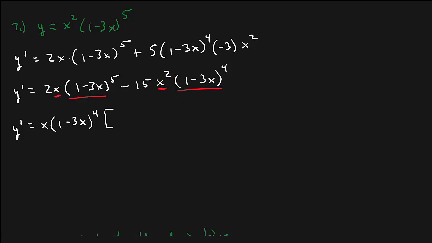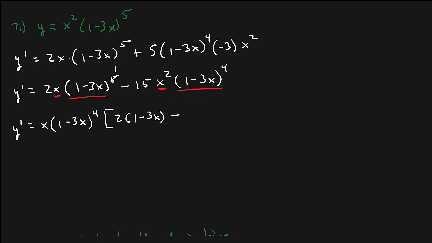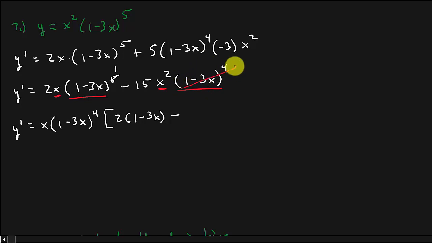And so that is going to leave me with 2 times 1 minus 3x. That's what I'm left with this one. See, I factor out a 4th power, so I'm left with the 1st power there. And then minus, so here we're factoring out a 1 minus 3x to the 4th, so this one's gone, and this one changes to the 1st power.